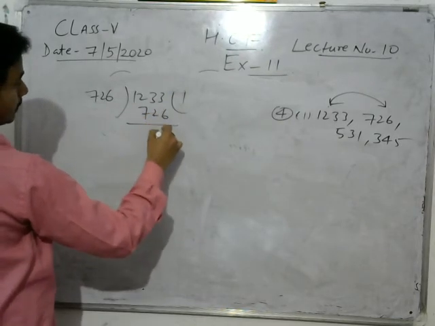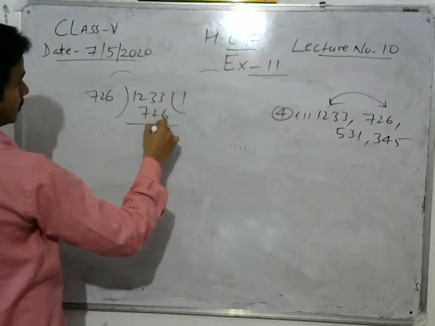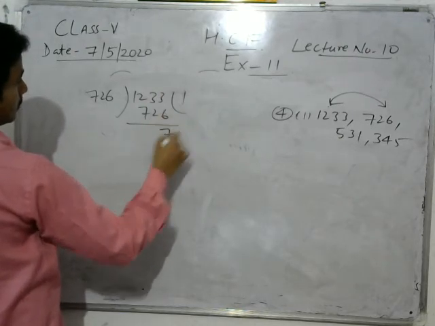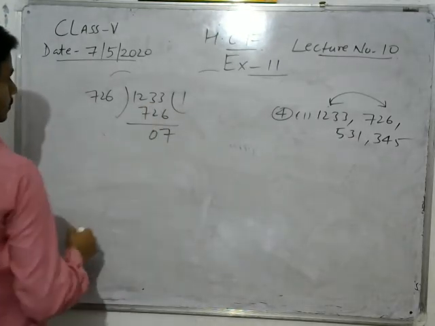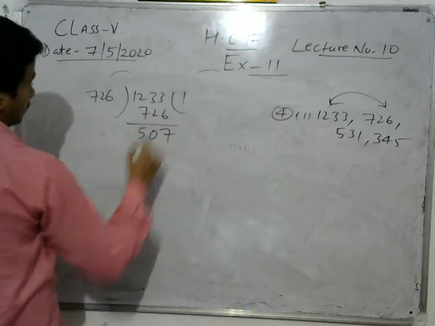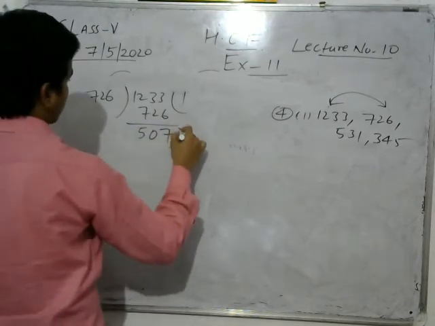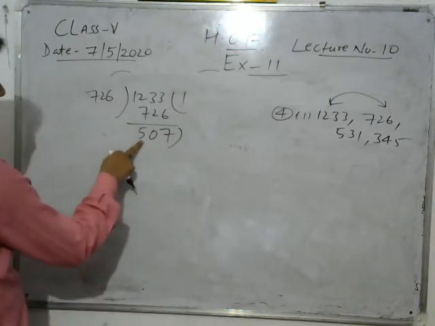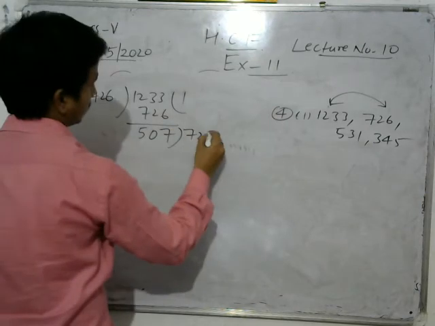13 minus 6 is 7. Now here is 2, 0, and you will get 5. Again divide the remainder with the previous divisor, 726.